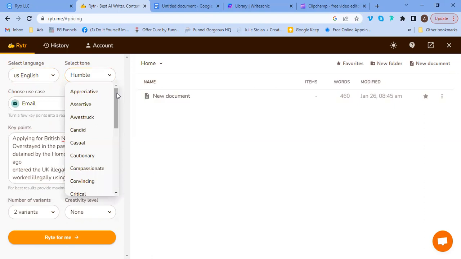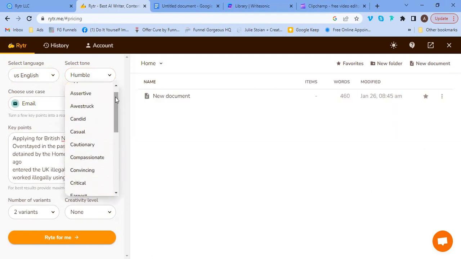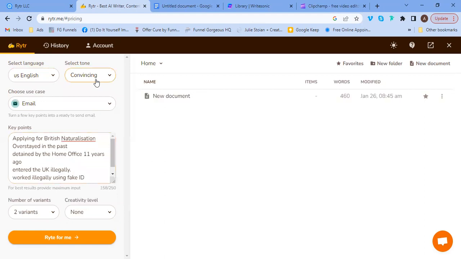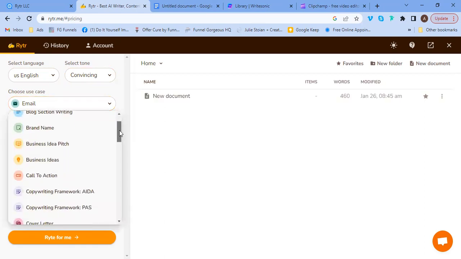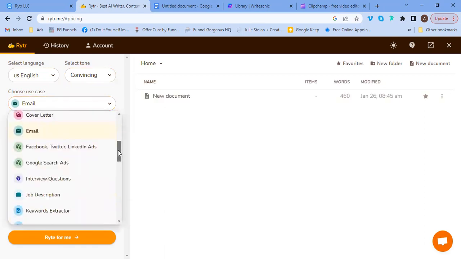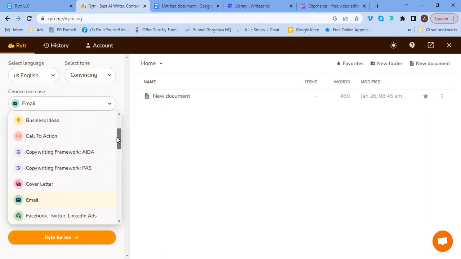For Home Office cover letters, I would choose either humble or convincing. Let's try convincing first, because obviously you want to convince the Home Office to grant you the application that you're applying for. In this use case, they have different types of writing categories.